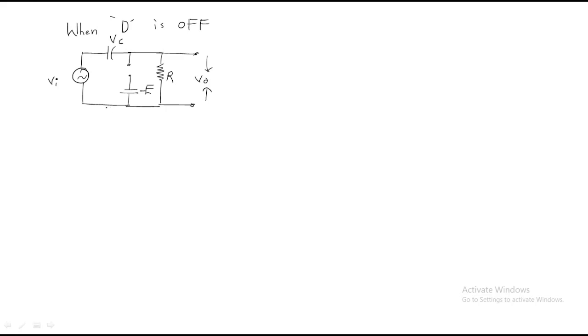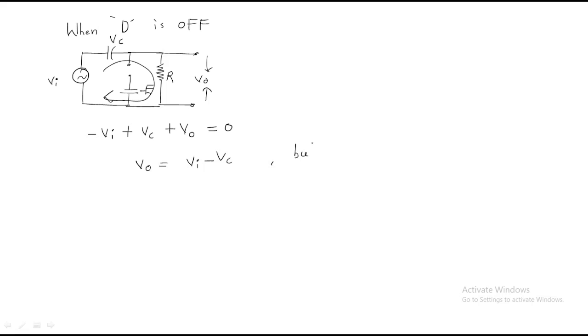If the diode is off, in order to get the output equation, it is like this: minus Vi plus Vc plus output voltage V0 equals to 0. From this we can write V0 equal to Vi minus Vc.